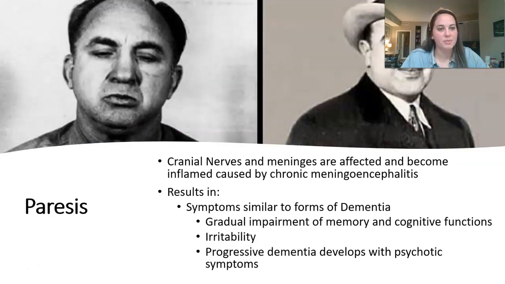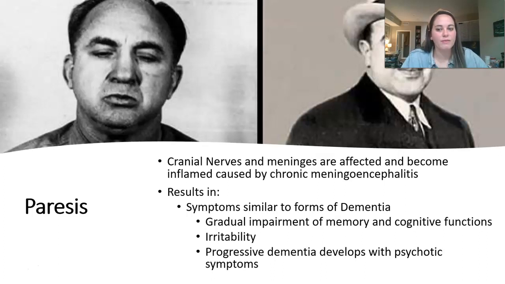Paresis is another type of neurosyphilis, and that's when the cranial nerves and meninges are affected and they become inflamed, and it's caused by chronic meningoencephalitis. And it results in symptoms that are very similar to dementia, and as it progresses, it can develop with psychotic symptoms.